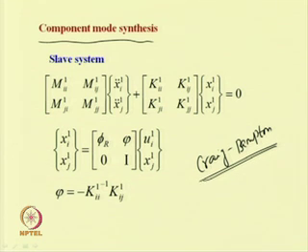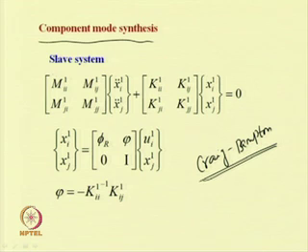The initial physical coordinate can be transformed to the generalized coordinate by using different techniques, and that we will discuss here. Here we will have a slave system. As we have discussed before, we will have slave and master degrees of freedom.